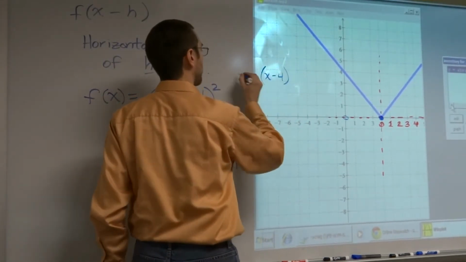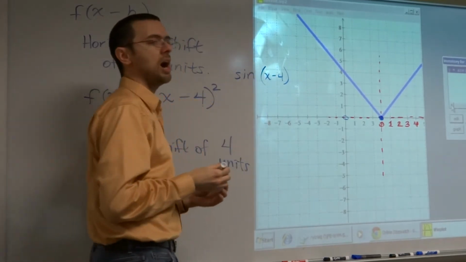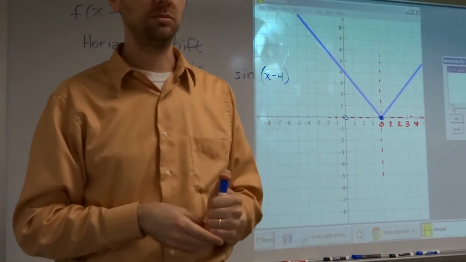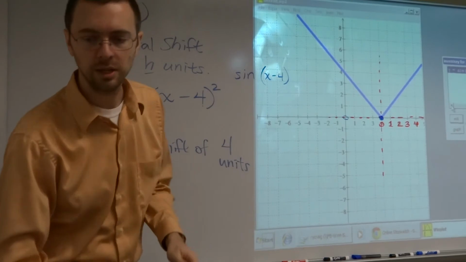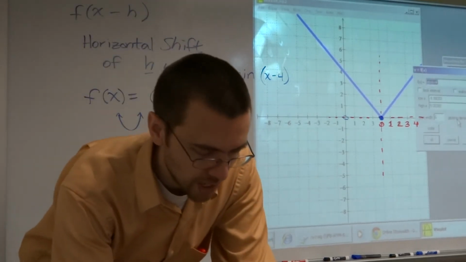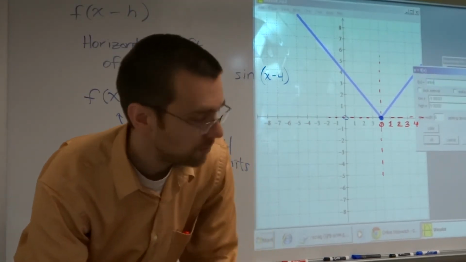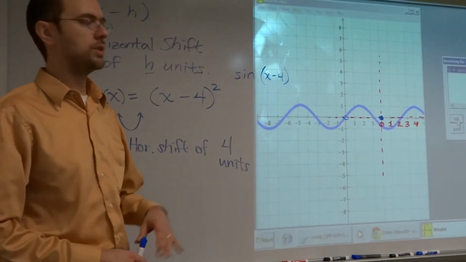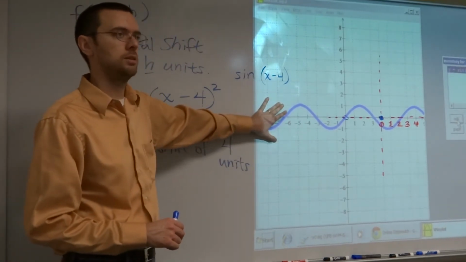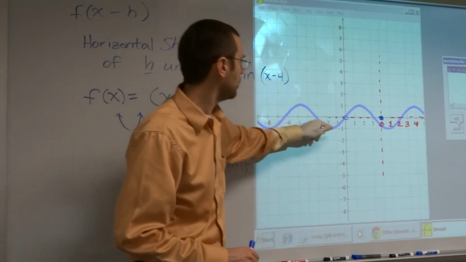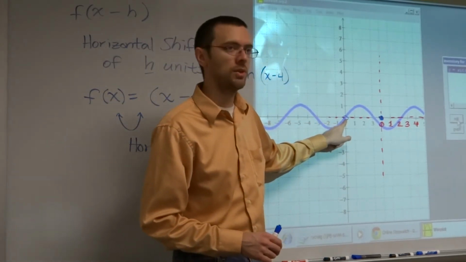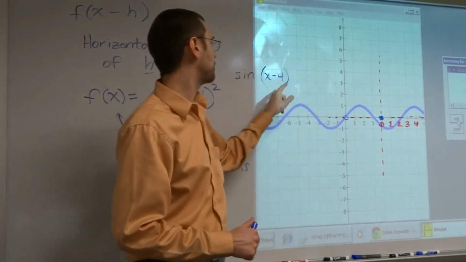Right. Okay. If I were to do sine of x - 4, let me show you the original sine curve. That's your sine curve. This is something you're gonna see in trig and pre-calc. Okay. Notice he's got his key point right here. You with me on that? What do you think is going to happen when I put the -4 on the inside?